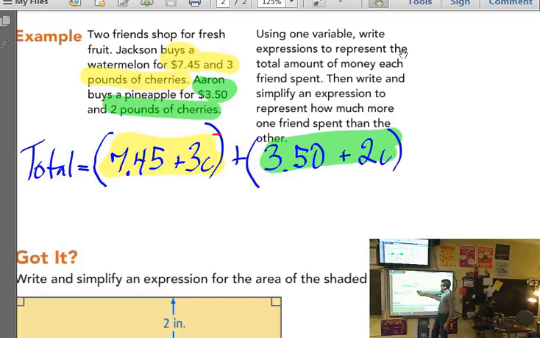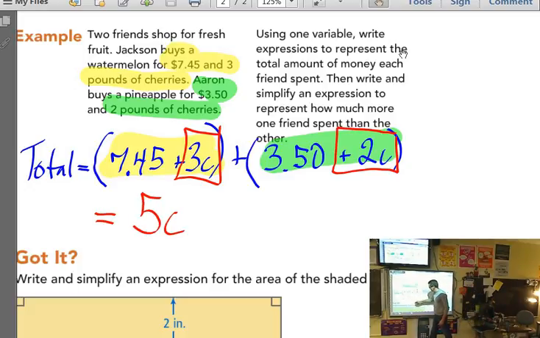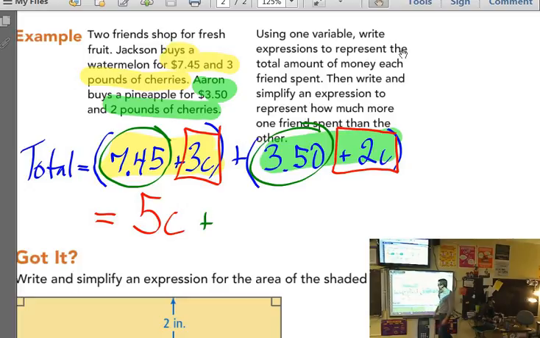Yeah, so this C value would be like with, if I have a positive 3C and a positive 2C, what do we get? 5C. If I look at my 7.45, Joe, what is like with that? The 3.50, they're both positive, I add them together. It's going to give me 10.95.